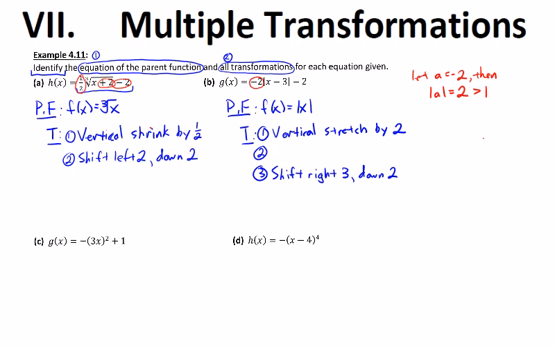But I still have one step left to write down. We used the absolute value of A to determine the vertical stretch, but we can't just completely neglect the fact that there is a negative there, because remember, -2 is equivalent to saying -1 times 2.